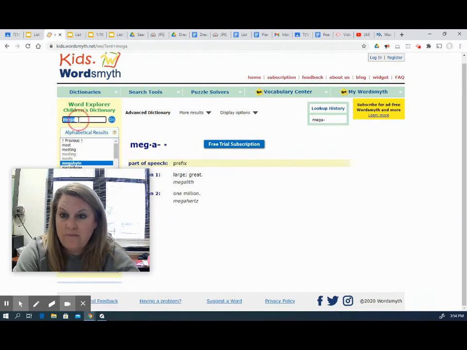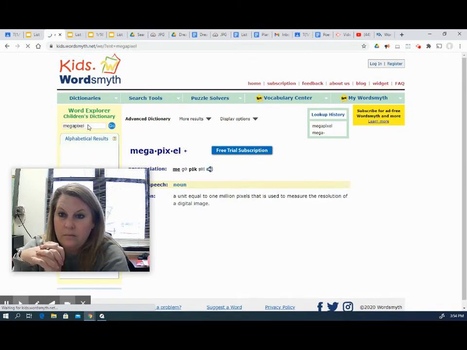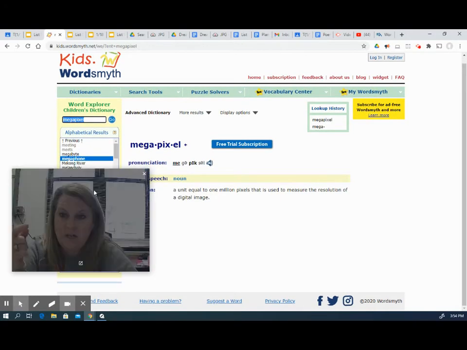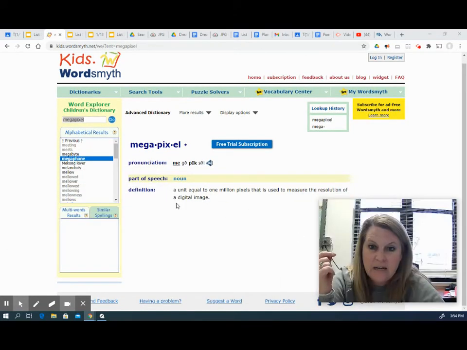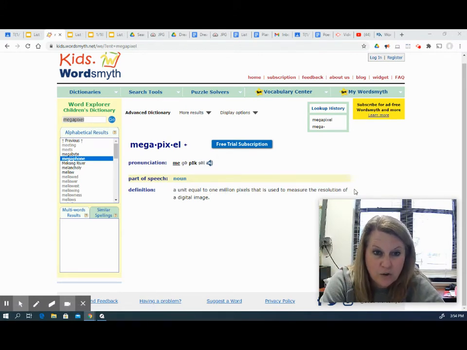So I found this word megapixel. Okay, and then when I read the definition here, it says a unit equal to 1 million pixels that is used to measure the resolution of a digital image. I hear a unit of 1 million in the definition here.